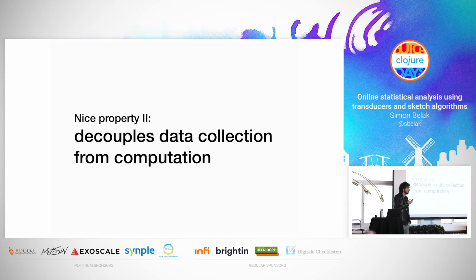Now, the other nice thing that doing a sketch like that does is that it even further decouples data collection from computation. We've already seen when talking about transducers that they decouple the data access and so forth, but what they don't do is, once data starts streaming in, that's it. You can't do anything with that.